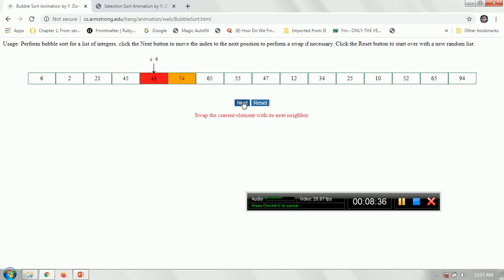Sorry, 54 and 65, the swap is not required because the maximum is already on the right side. 65 and 47, a swap would be needed. 65 and 12, a swap would be needed. 65 and 34, obviously a swap would be needed. 65 and 25, a swap would be needed. 65 and 10, obviously a swap would be needed.